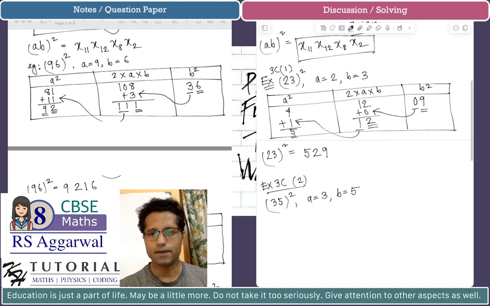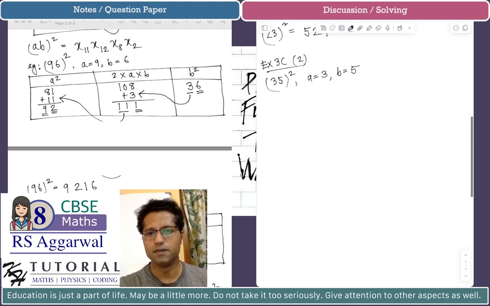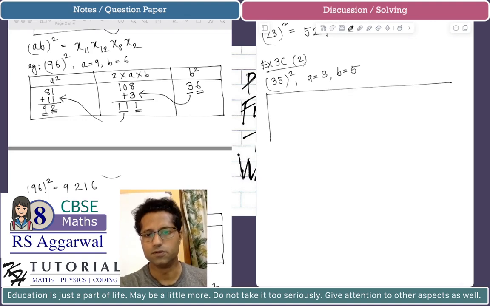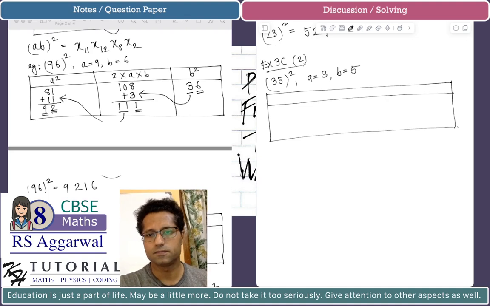So we will make the table of the three columns, and we write the headings. The first column is A square, the second column is twice A into B, and the third column is B square.